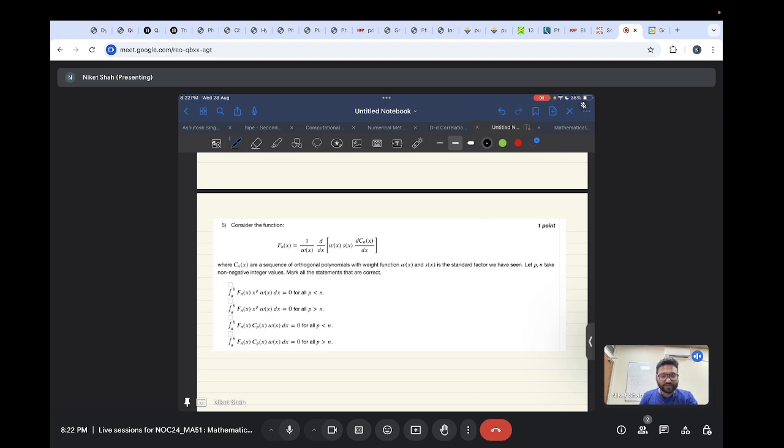We've seen this function in lectures. C_n(x) are a sequence of orthogonal polynomials with weight function w, and S(x) is the standard factor that we have seen. Let p and n take non-negative integer values. They're asking us to mark all the statements that are correct.